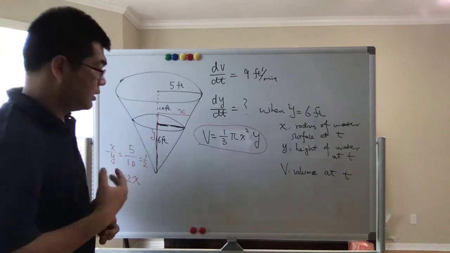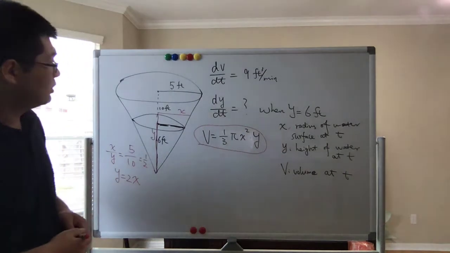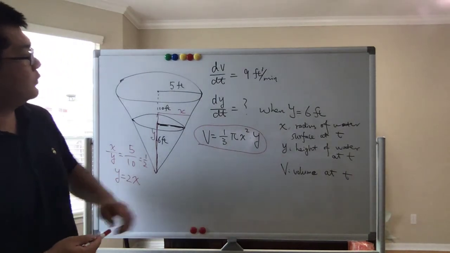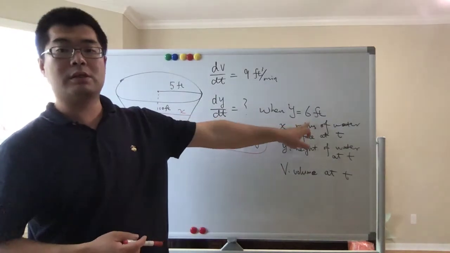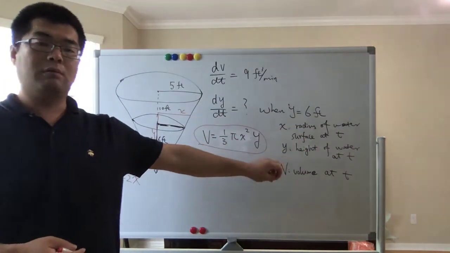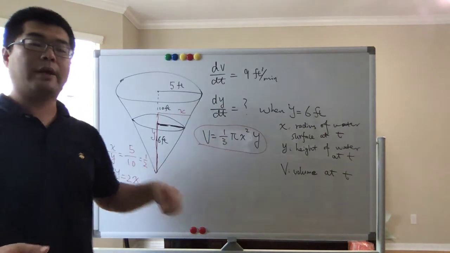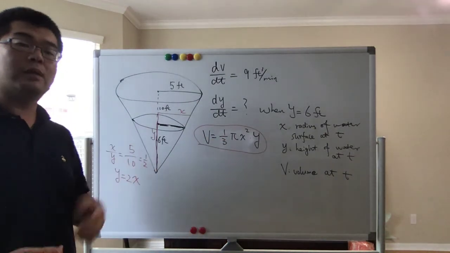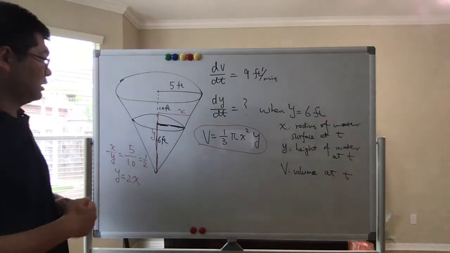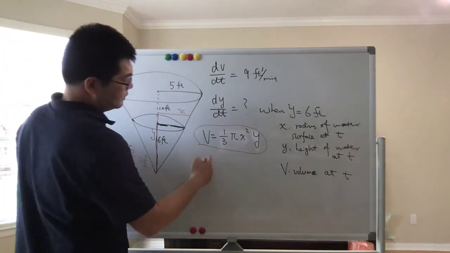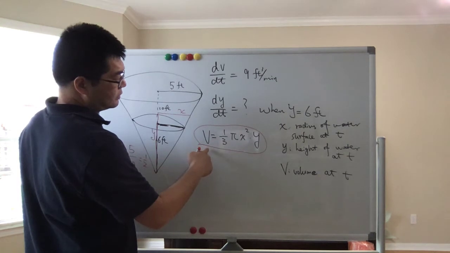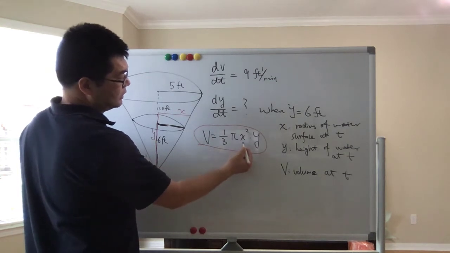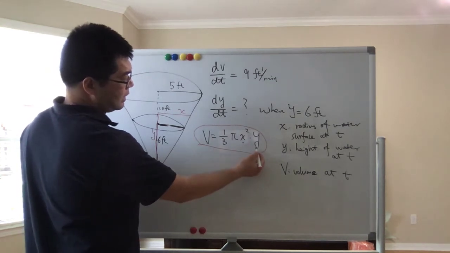What we focus on is, when y equals 6 feet, what is dy/dt, the rate at which the level is rising when the height is 6 feet. But this equation involves not only the radius of the water surface but also the height.